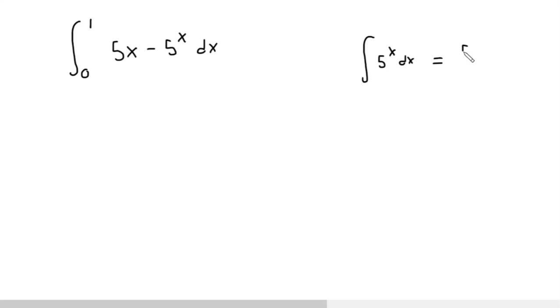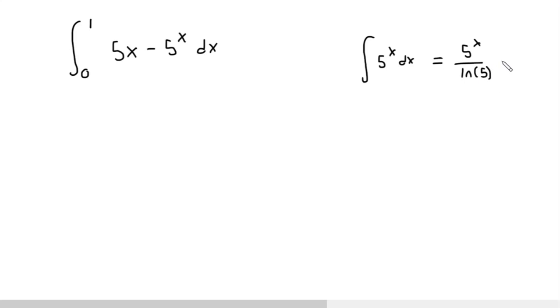So my next example is, let's say I had the integral from 0 to 1 of 5x minus 5 to the x dx. One thing I want to point out is that the integral of 5 to the x dx is equal to 5 to the x over ln of 5.